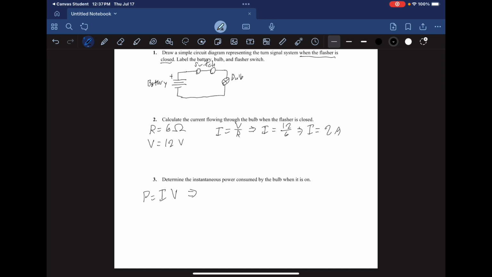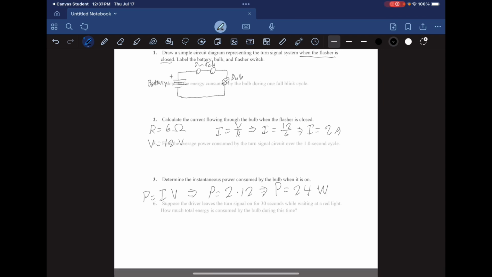So plugging in our values, we have P equals 2, that's our 2 amps from our current, times 12, that's our 12 volts from our battery. So P equals 2 times 12 is 24. And this is power, so that's watts.